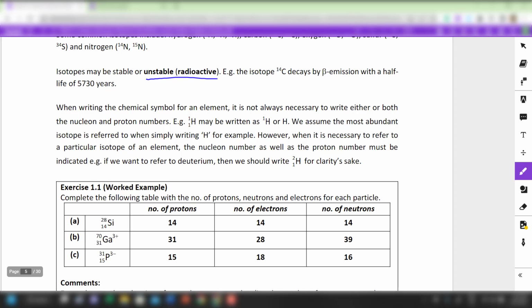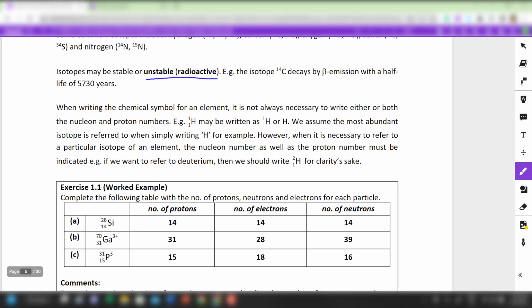For example, carbon-14 has a half-life of over 5,000 years. You might have heard of carbon-14 labeling, or archaeologists using it to find out the amount of carbon-14 remaining to determine the age of the sample.